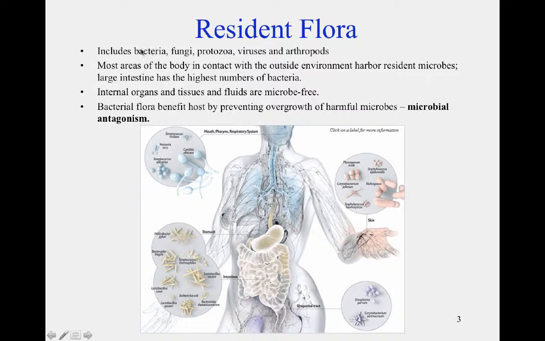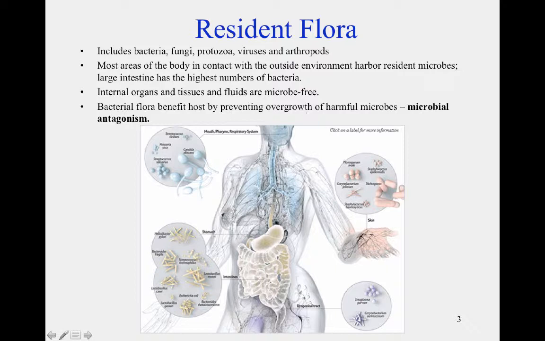So the majority are bacteria, fungi, protozoa, viruses. All of these are residents, they're normal, and they carry out this process called microbial antagonism. This is just a fancy way to say that the good flora, the good bacteria, mostly fungi, protozoa, and viruses, benefit us by preventing the overgrowth of the harmful ones or preventing the overgrowth of the pathogens.